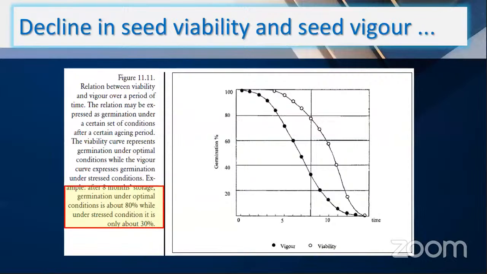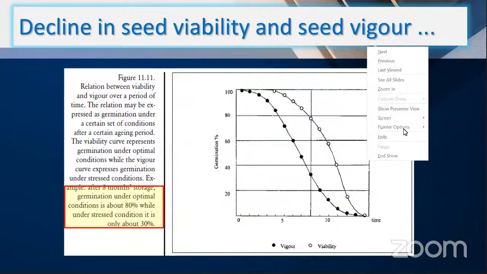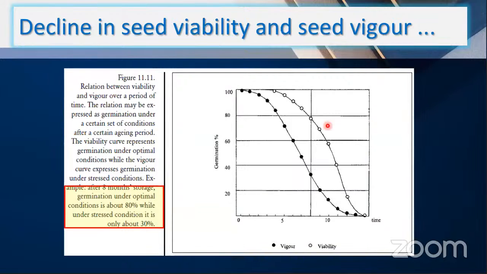Okay. So this is a small graph which we all used to see when we were taught about seed vigour and viability in our undergraduate course. So you can see this graph.